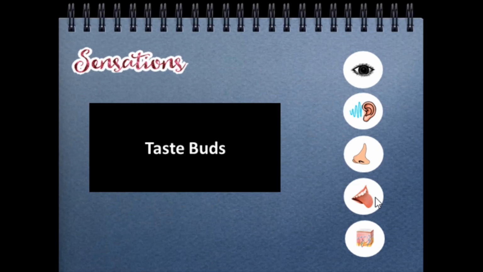Next word, we have skin receptors. Which is this receptor for? Eyes, ears, nose, tongue, or skin?